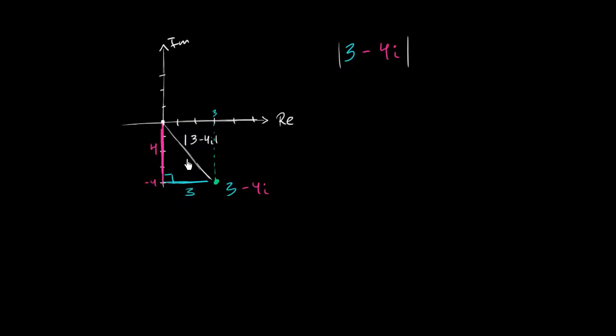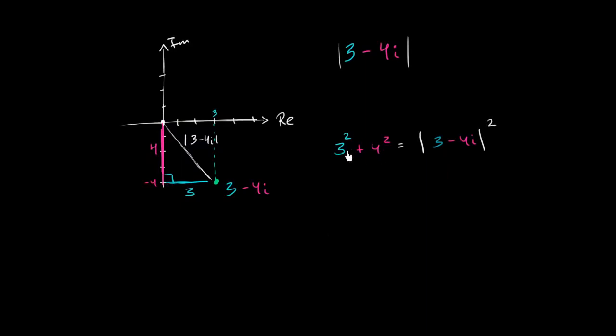We can now use the Pythagorean theorem to figure out the absolute value of 3 minus 4i, the distance between this point and 0. It's the hypotenuse of this right triangle. So we just use the Pythagorean theorem. This side squared, 3 squared, plus this side squared, 4 squared, is going to be equal to the absolute value of 3 minus 4i squared.